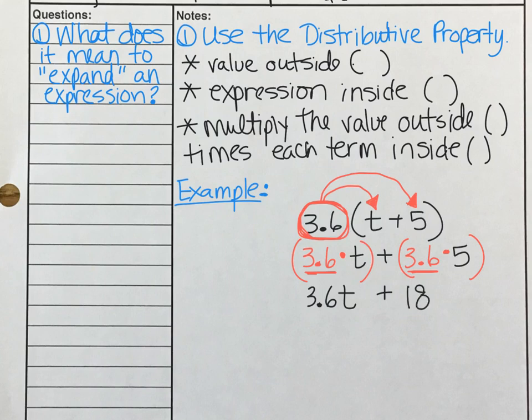So now our simplified expression, after we have expanded, is 3 6/10 t plus 18. That means the same thing as 3 6/10 times the quantity t plus 5. That's how you expand an expression using the distributive property.